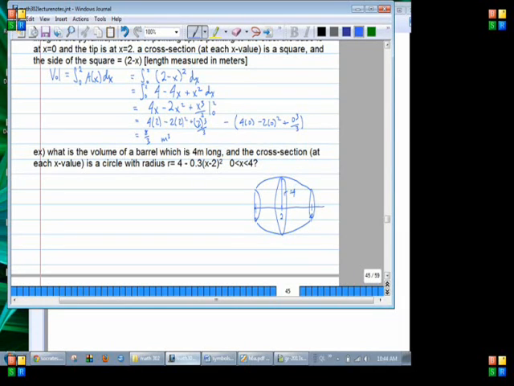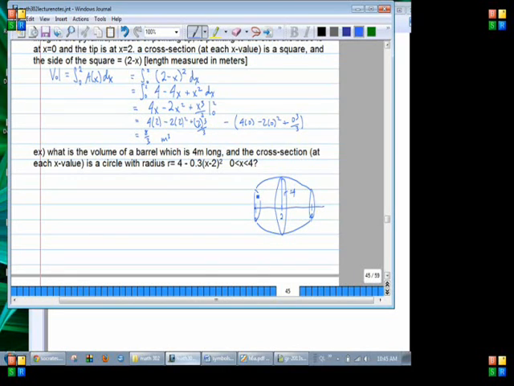Obviously, at a different x value, you're going to have a circle of a different radius. For example, when x equals 0, what's the radius? You get 4 minus 0.3 times 4, so 4 minus 1.2.